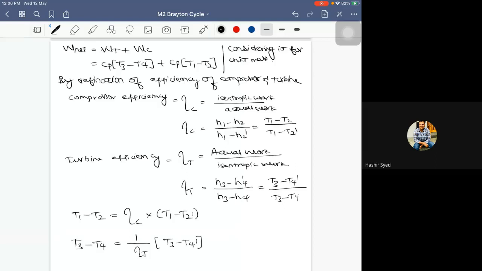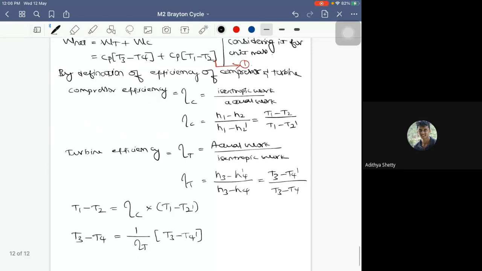Can I write it as such? T1 minus T2 and T3 minus T4 using efficiency of turbine and compressor. Can I? Yes. Okay.